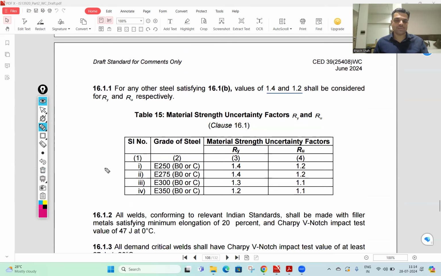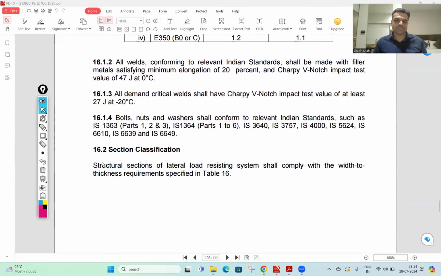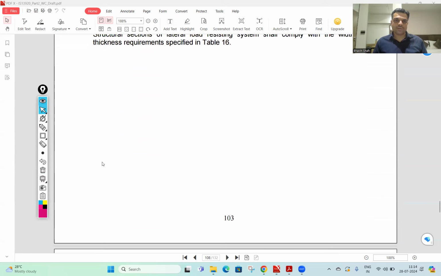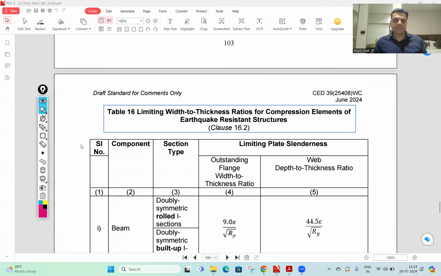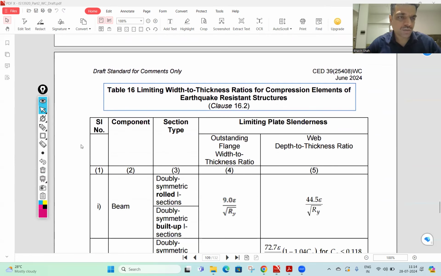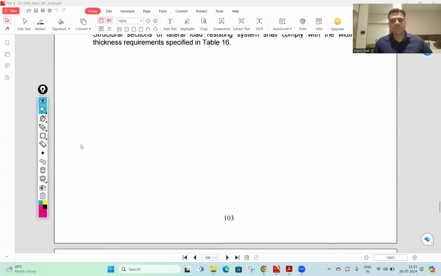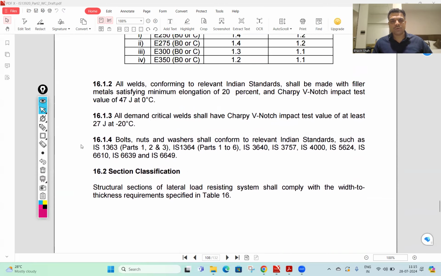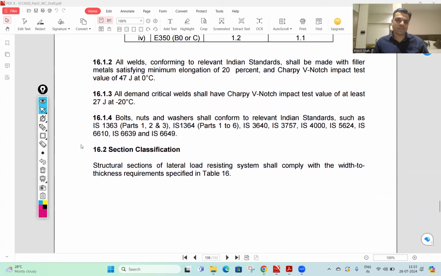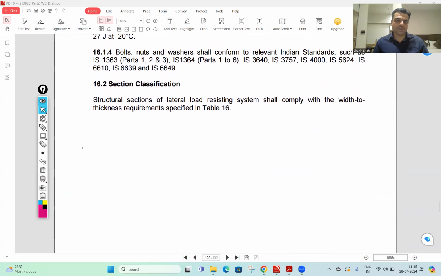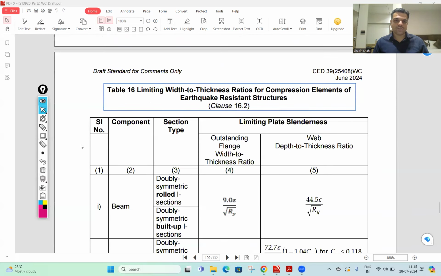This is the factor by which we will increase the strength for calculation of the capacity of different members. So there is a new concept of uncertainty factor added in the document. Of course, we have discussed it in a lot of detail. If you are interested, you can watch our previous sessions on that.